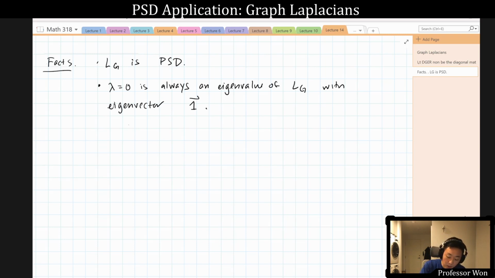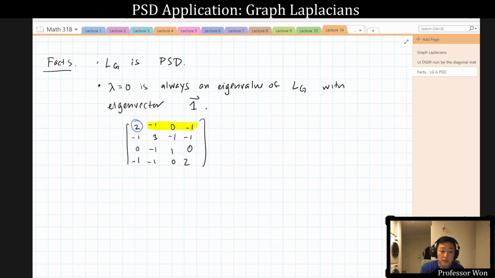Let me get our favorite example from before. Think about how we constructed this matrix. We put the degrees along the diagonal, and then the rest of this row represented the different edges that were incident to vertex 1.